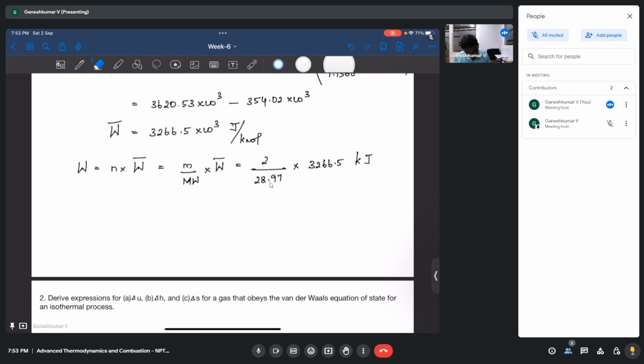So the total will become just kilojoules. Let me just multiply this, divided by 28.9. So the total work done turns out to be 225 point something kilojoules.